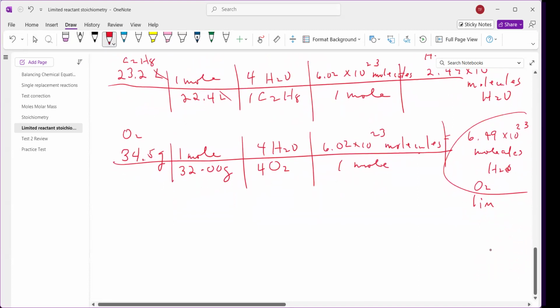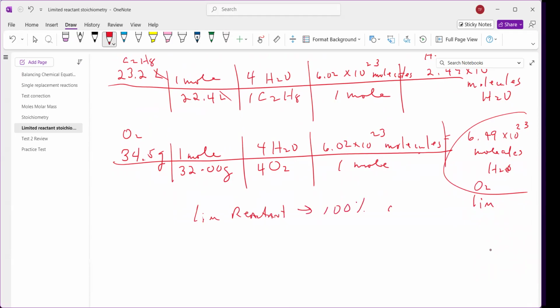So the limiting reactant is 100% consumed, and the excess is partially consumed. This would be the oxygen, and this would be the ethane.